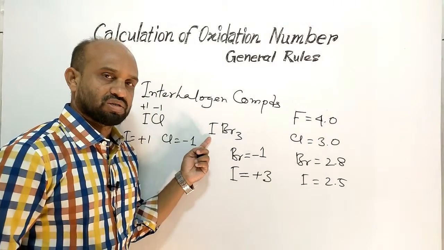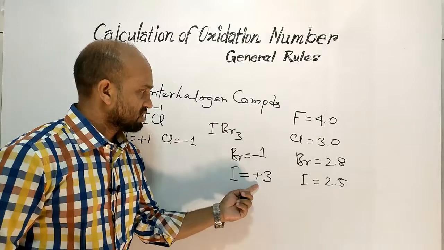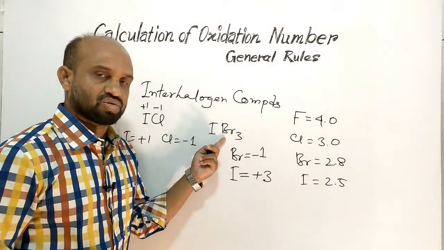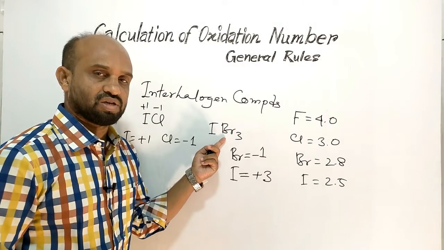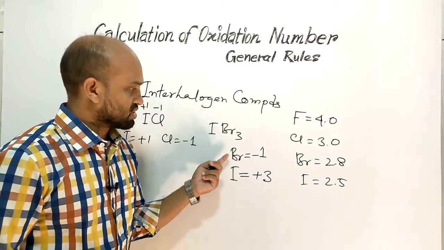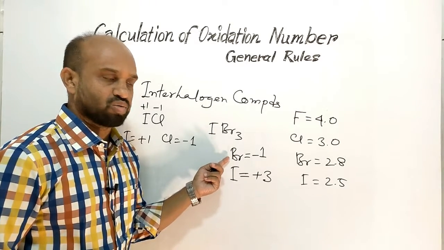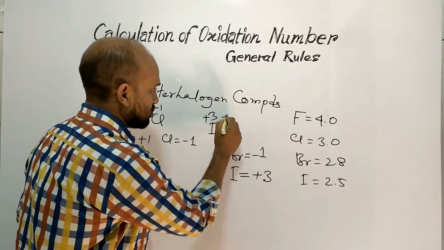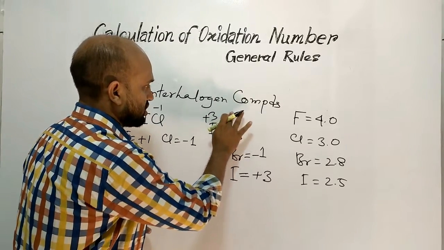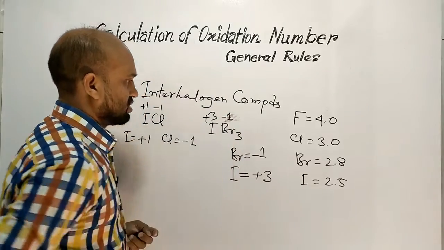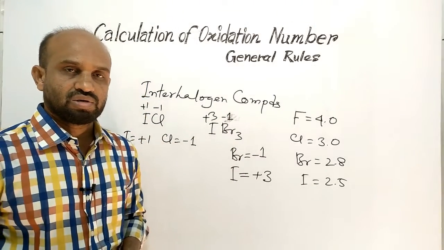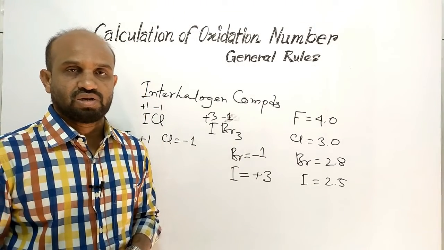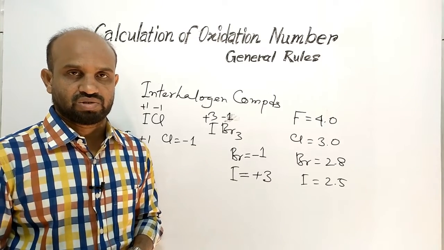Iodine donated 3 electrons, that is why +3, and these 3 electrons are accepted by 3 bromine atoms. So oxidation number of each bromine will be -1. So here +3, here not -3, it will be -1. This is about oxidation numbers in interhalogen compounds.